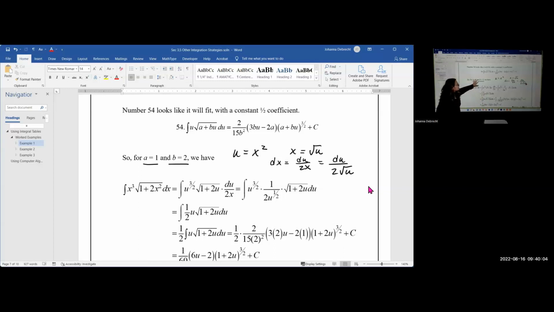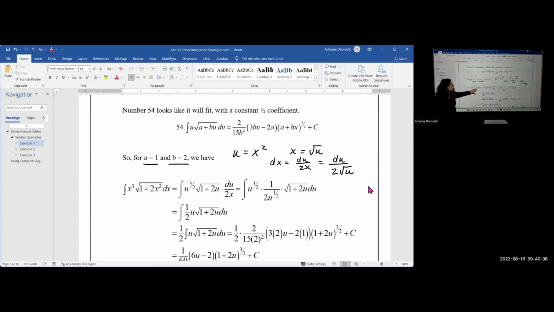Okay, so we've got these substitution equations here, and we're going to take this pattern on the left and replace each piece inside the integrand and the differential with something in terms of u, a, and b. So x cubed becomes u to the 3/2. dx becomes du over 2x, or du over 2u to the 1/2, square root of u.